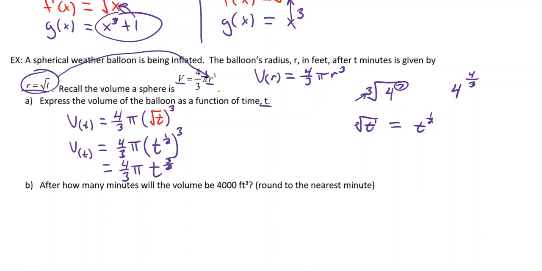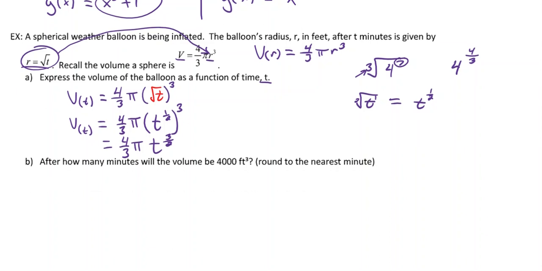Okay. And now it says, after how many minutes will the volume be 4,000 feet cubed? Round to the nearest minute. So now they've given us the volume, so I am going to replace volume with the number they gave us. So 4,000 is equal to 4/3 pi times t to the power of 3 over 2.